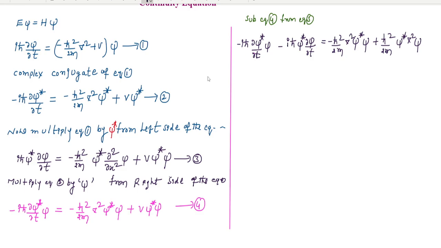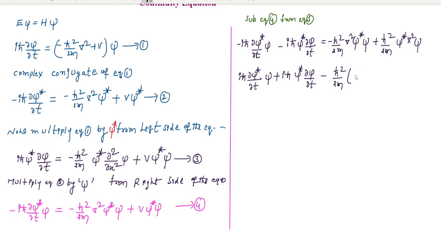Then I am going to rearrange this equation like this: iħ ∂ψ*/∂t ψ plus iħ ψ* ∂ψ/∂t minus ħ² divided by 2m into this one.